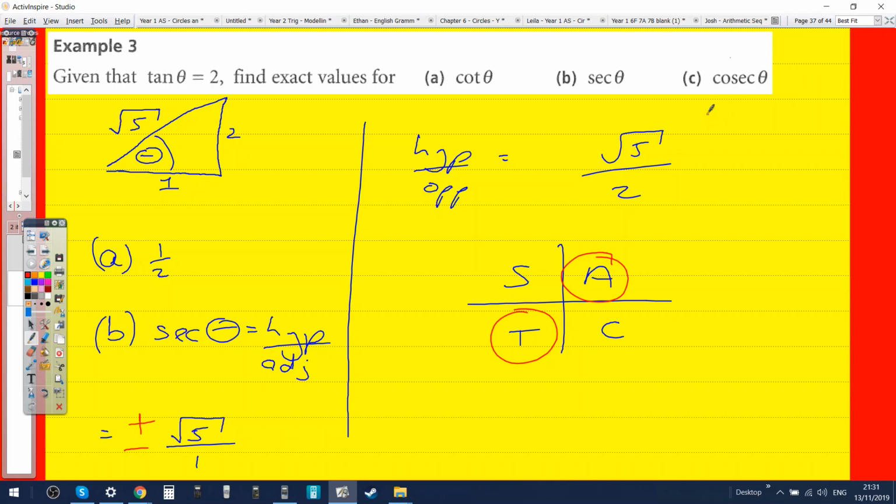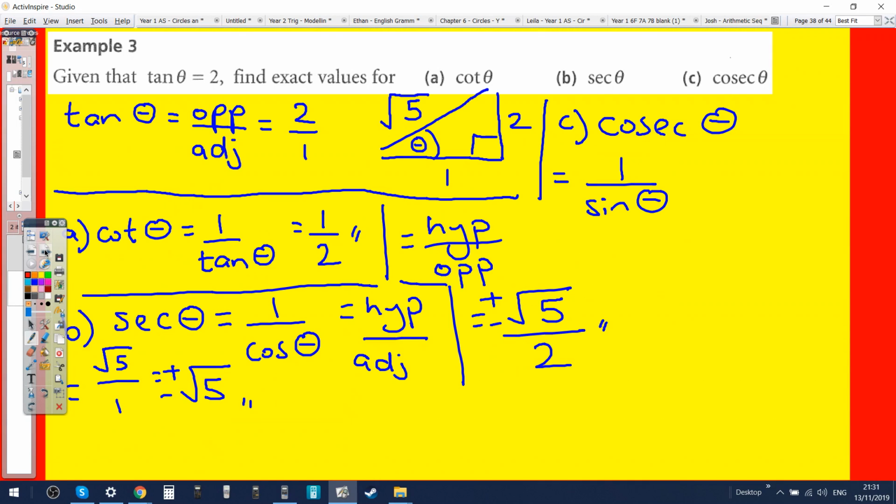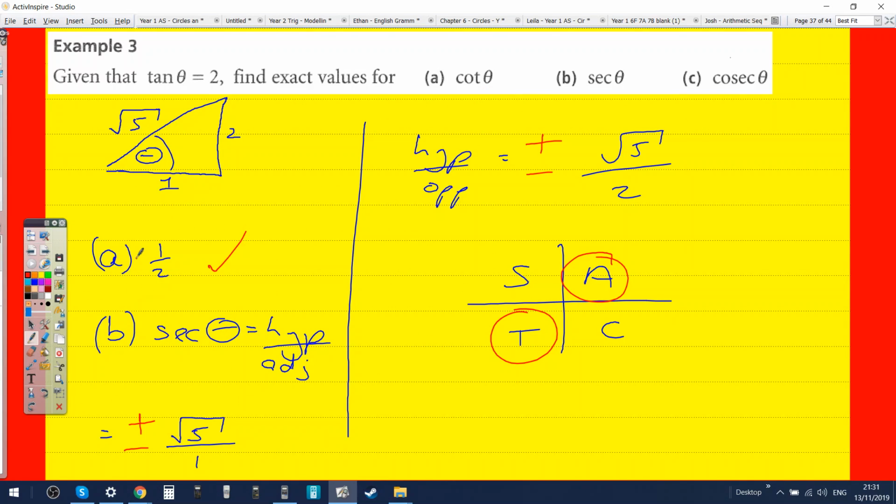And then cosec. How about cot? Yes, so that's the same. Well done. There's another way of doing it, but I could show it another way. That's where it all comes from. So they told us tan theta is 2, therefore it has to be the first or third.